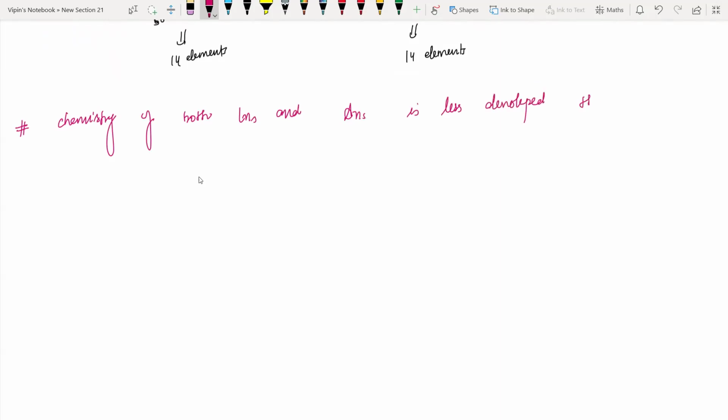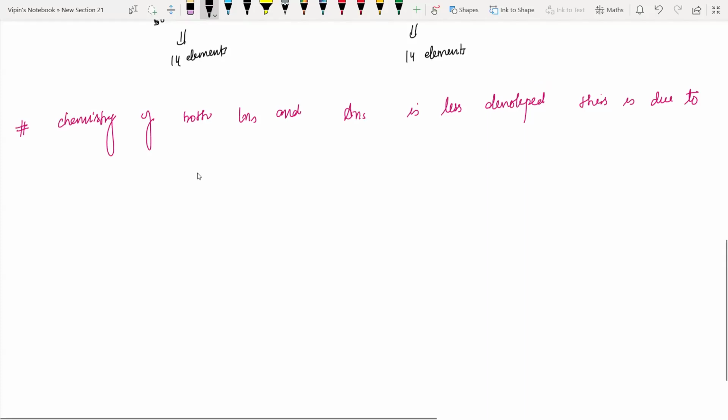Right? Why is the chemistry of lanthanoids and actinoids not as broad as compared to that of d block complexes? This is because of the following factors.